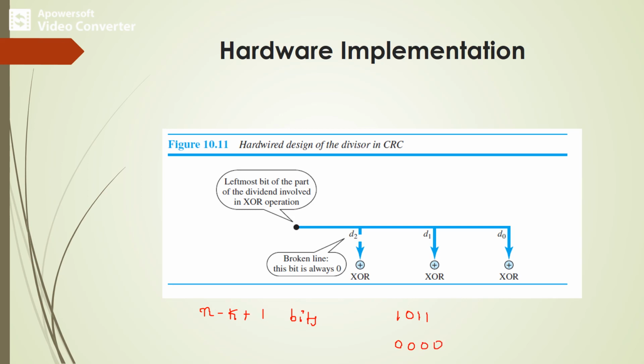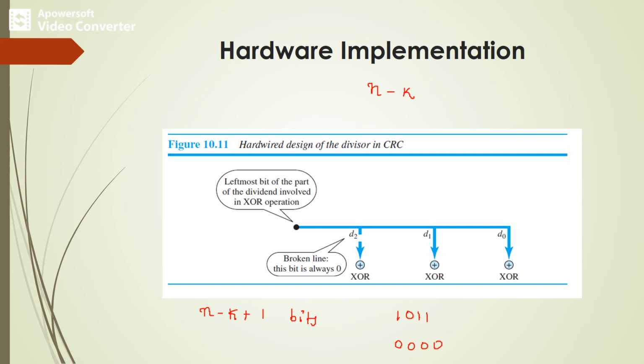The divisor is repeatedly XORed with part of the dividend. Each time, only n minus k bits of the divisor need to be XORed, since the remaining bits are 0.